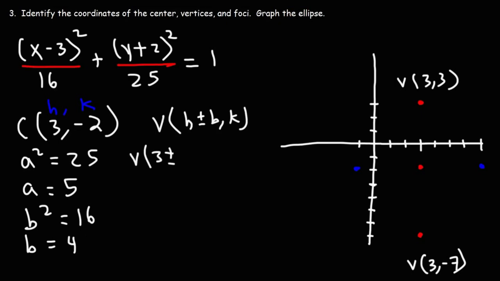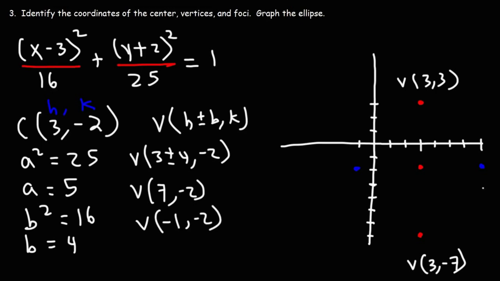H is 3, b is 4, k is negative 2. 3 plus 4 is 7, and 3 minus 4 is negative 1. So this point here is 7, negative 2, and this other one is negative 1, negative 2. So now let's go ahead and graph the ellipse.